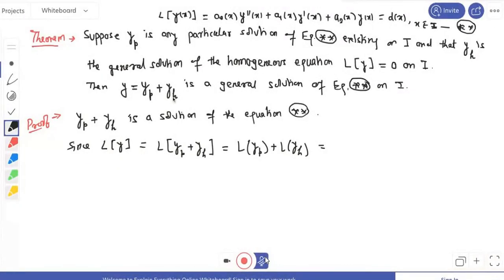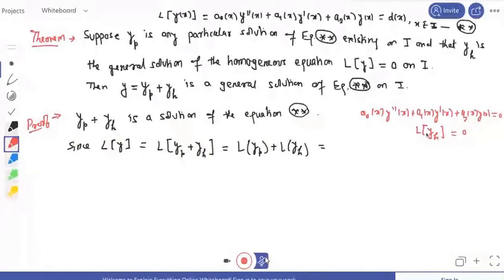Okay, so what is the homogeneous differential equation? It is a naught x y double prime plus a1 x y prime plus a2 x y, that equals 0. This is your homogeneous differential equation, and the solution of this part is yh, so L of yh equals 0, because yh is the homogeneous solution.